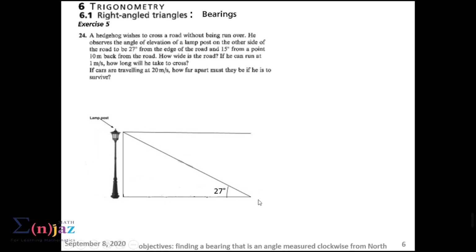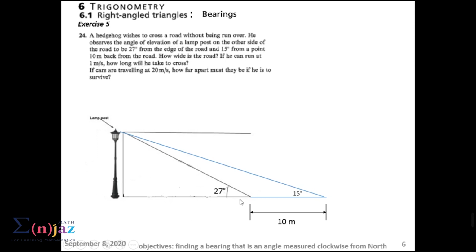And then the question says if you go 10 meters back, this will be the angle of elevation as 15 degrees. So that's what's given to me in the question. This is the diagram that represents this question.